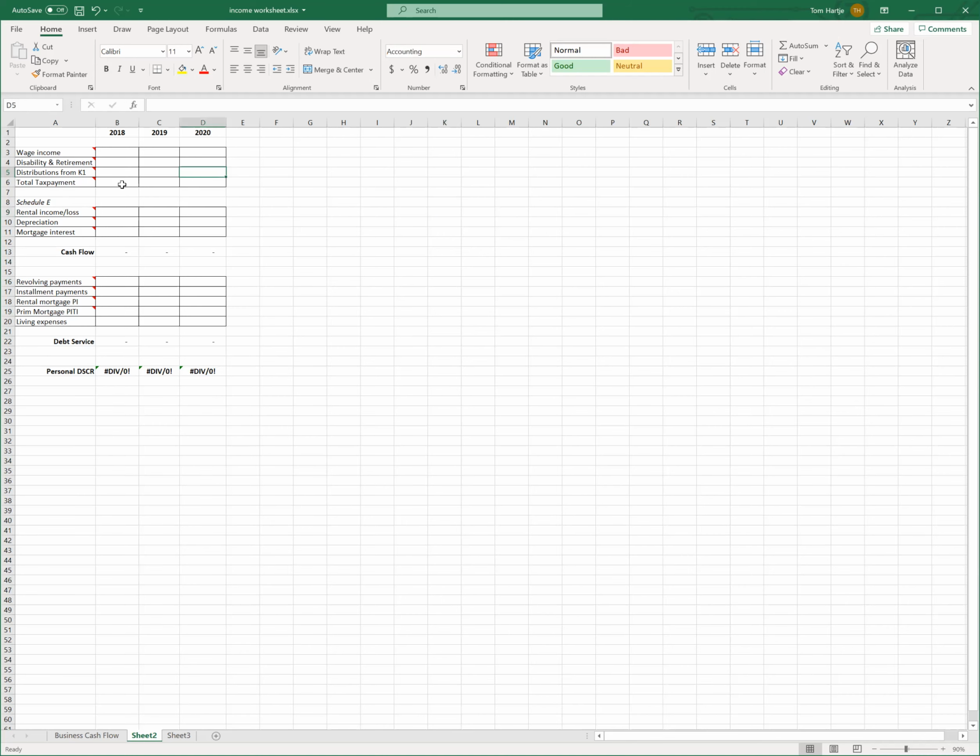So we add that in here as a source of cash flow, distributions from K1s. Make sure you're not just taking all the distributions from the entity. Make sure you are taking the distributions that are going to the individual.